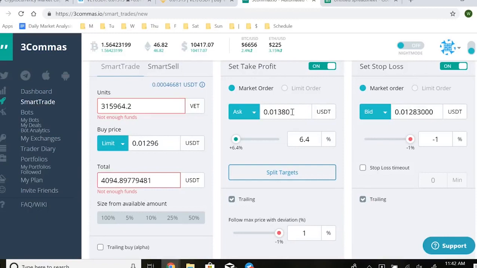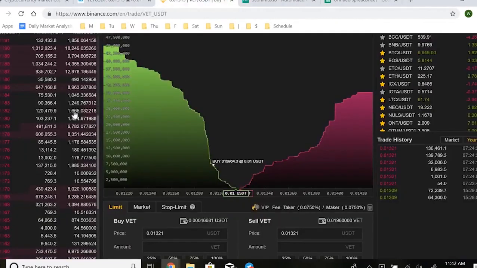So what that means is I set my limit order to sell at 1380 at a 6.4% profit. Now what this is going to do is once it gets to 1380, it'll make a line at 1380, and if the price continues to rise, the sell order will follow the price of the asset.